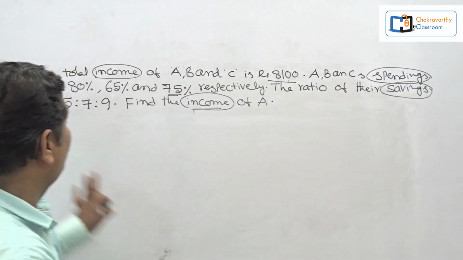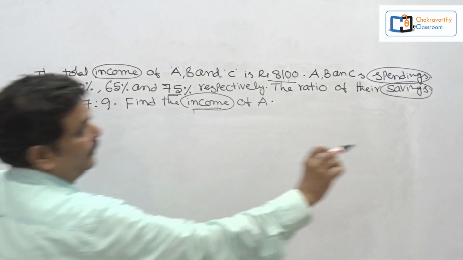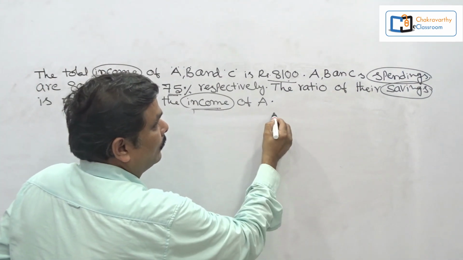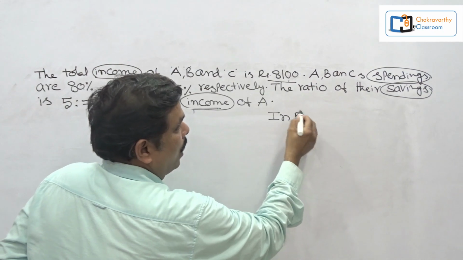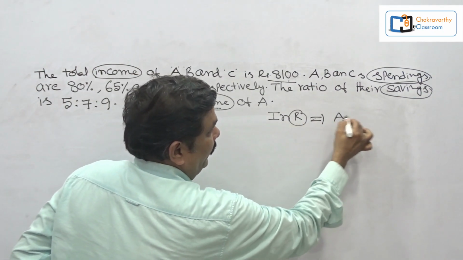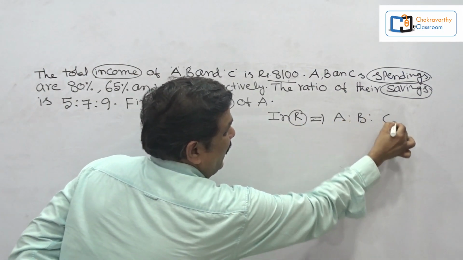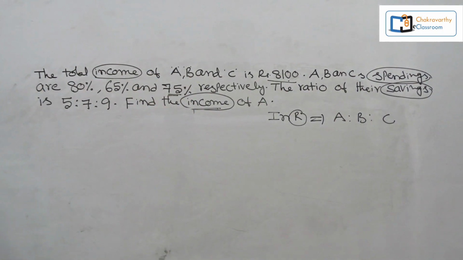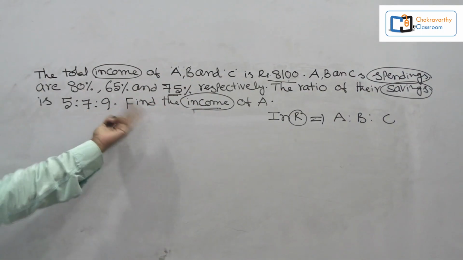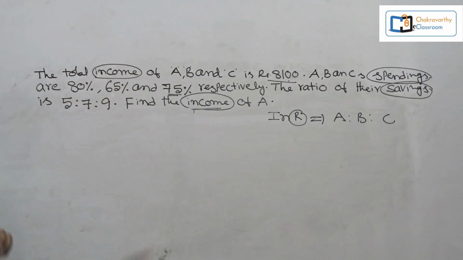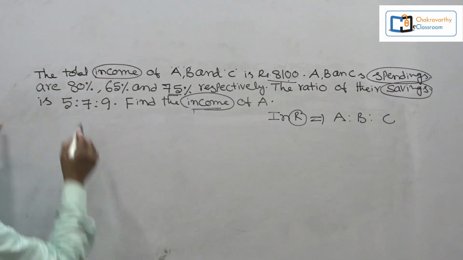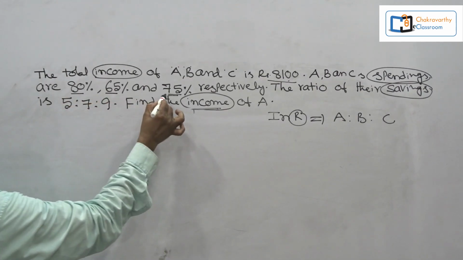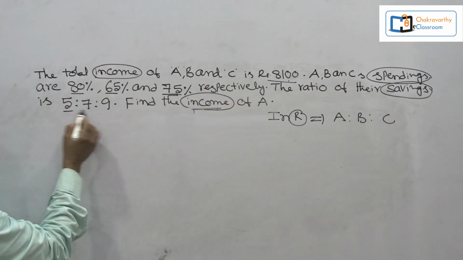Here my prime target is to find the income ratio of A, B and C. Then I can go for the solution very easily, because my question is the income of A. To find the income ratio, I'll take the help of spending percentage, expenditure percentage and saving ratio.